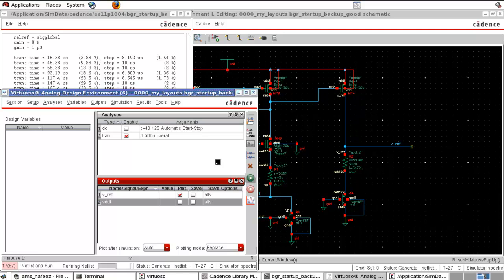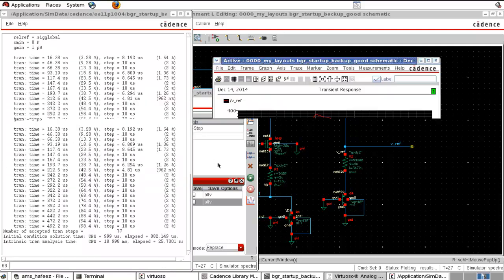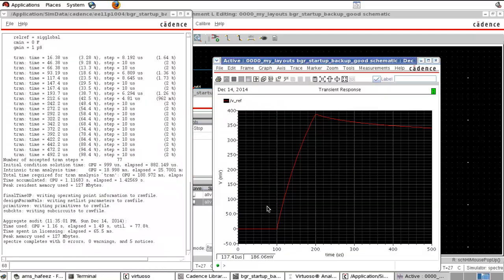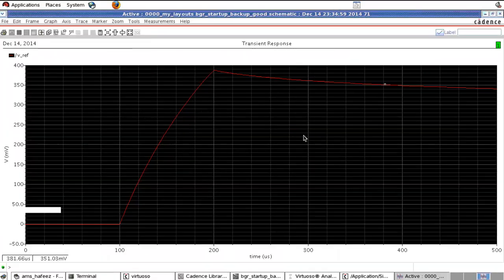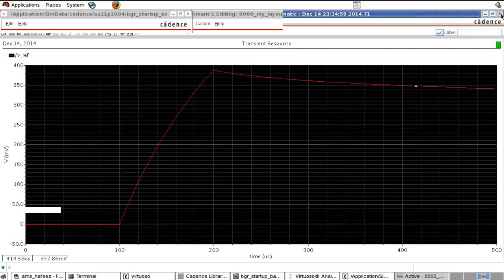So let us plot the reference voltage, and you can see the reference voltage is not coming to 1.2 volt. That is, the startup issue is present here. You can see the reference voltage is coming only to 300 or 350 millivolt. So it is not going to 1.2 volt.